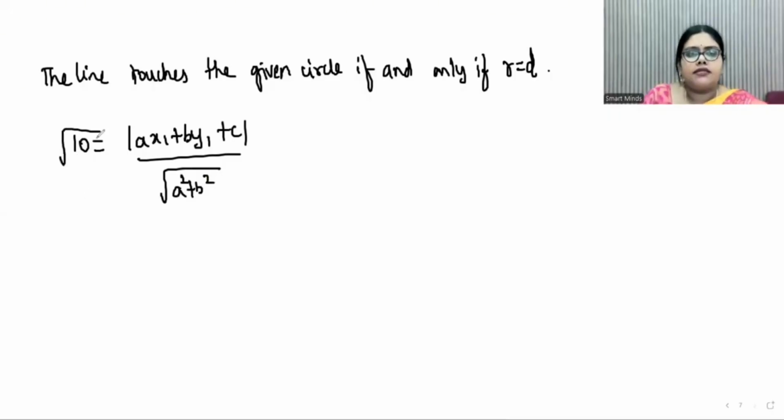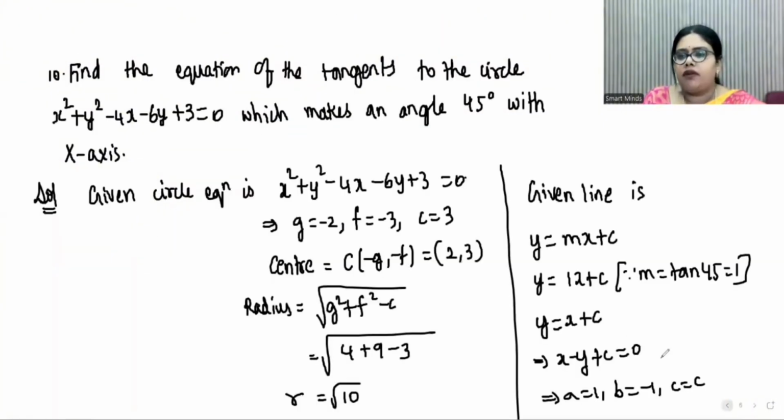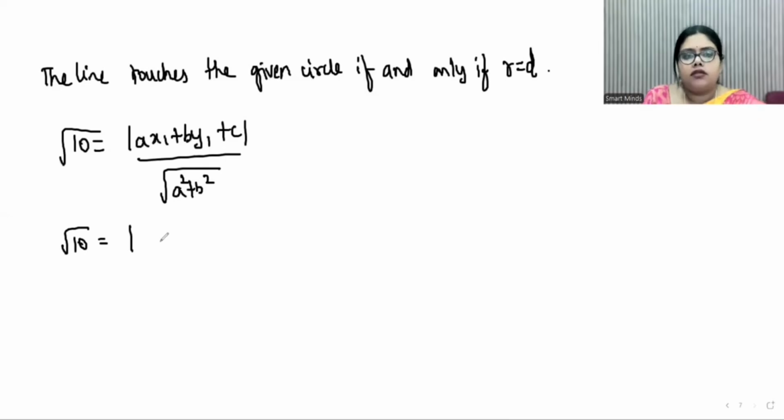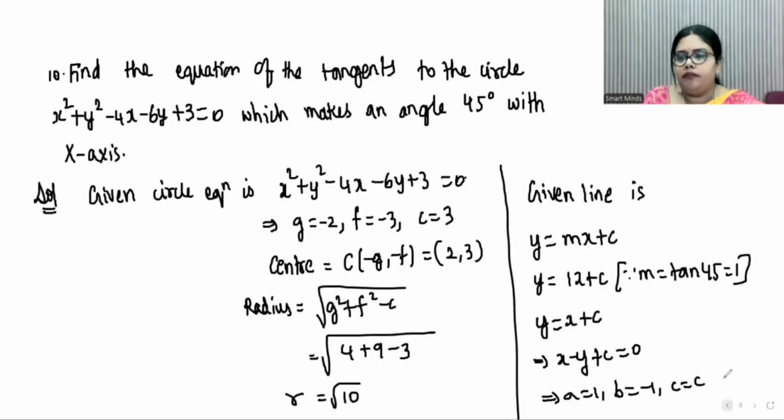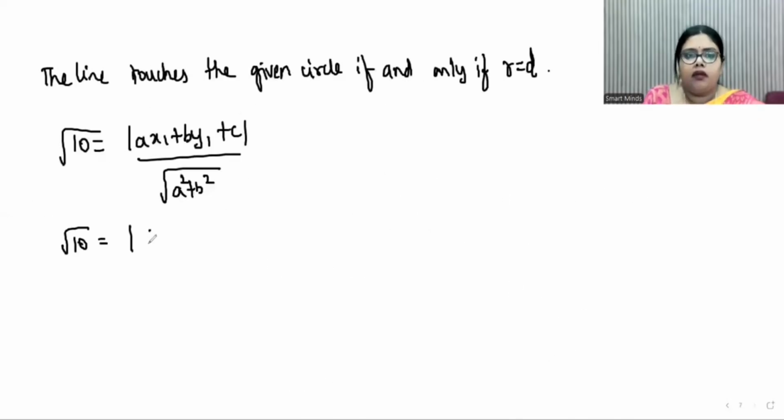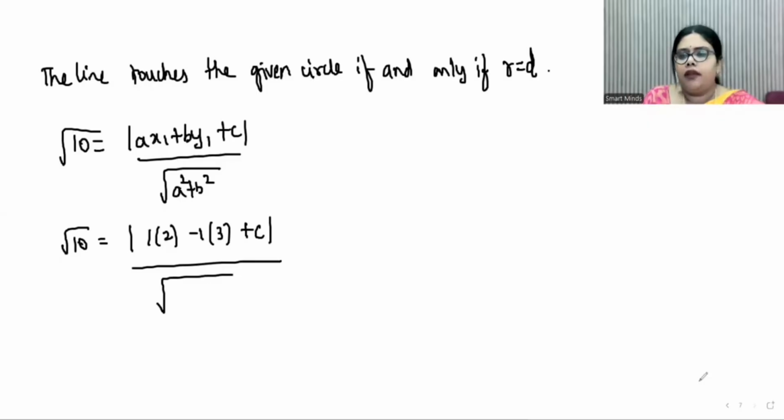So root 10 is equal to, what is x1, y1? Center is x1, y1, 2 comma 3. So a is 1, 1 into 2, b is minus 1, y1 is 3 and c is c itself, by root a and b is 1 and minus 1. So 1 plus 1 is root 2.